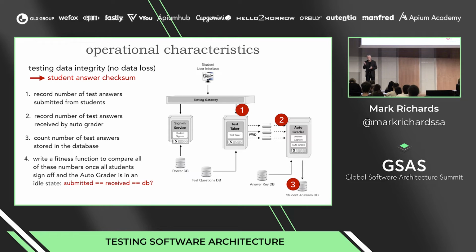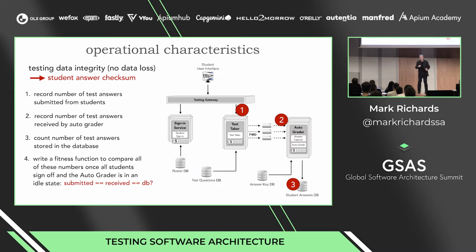So, I need two more pieces of observability. Isn't it interesting? Most of the time when we say observability, we're talking about a particular service sending out some information, streaming it or sending it to some sort of message queue asynchronously. What I would have to do is write a fitness function to track all three of these, but not compare them until two events happen.